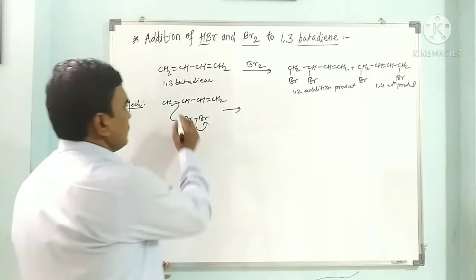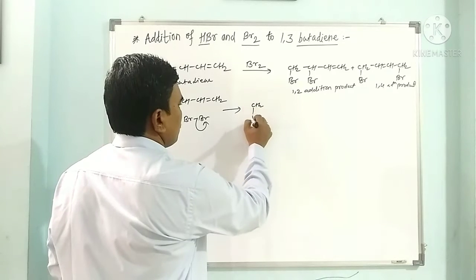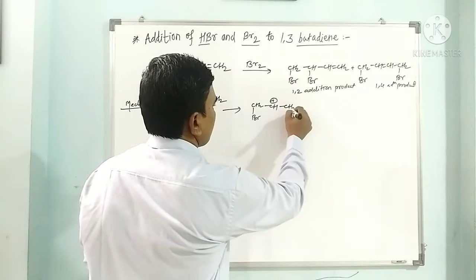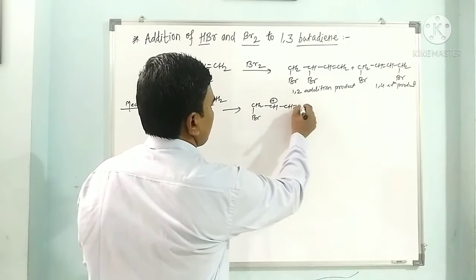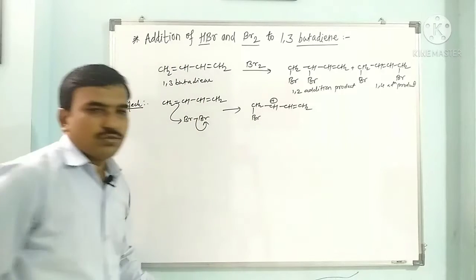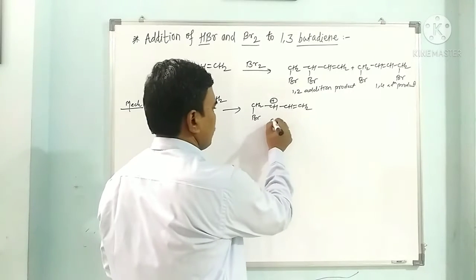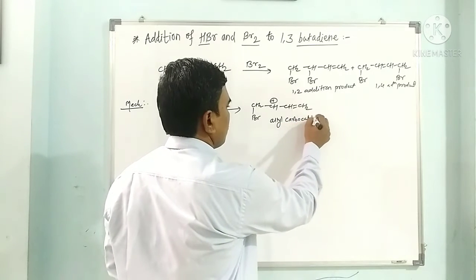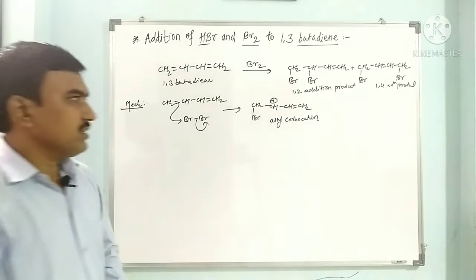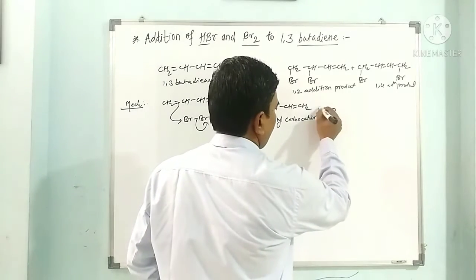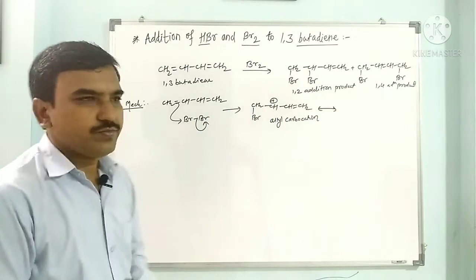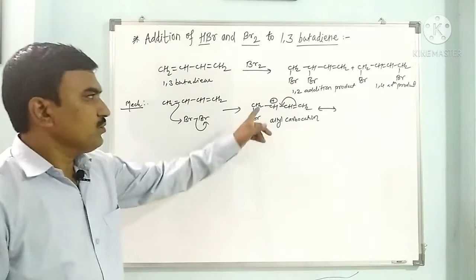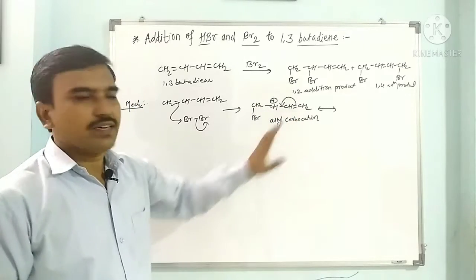So we get CH2Br, CH plus, and here CH double bond CH2. So here we get an allyl carbocation. Now this allyl carbocation undergoes resonance because of the conjugated pi bond. So it undergoes stabilization, the pi bond shifts here, and this allyl carbocation is converted to the other allyl carbocation.